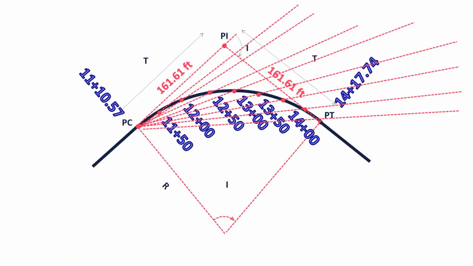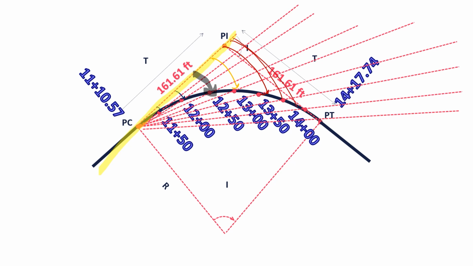So finally, our figure would look something like this. This is the total deflection angle. The deflection angle is measured from this line. It's always measured from this tangent line, and so these are my deflection angles for each of these points.